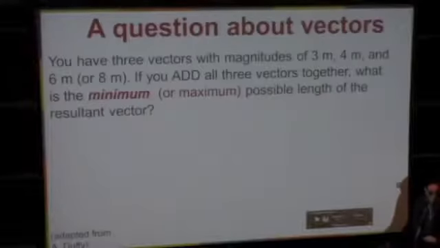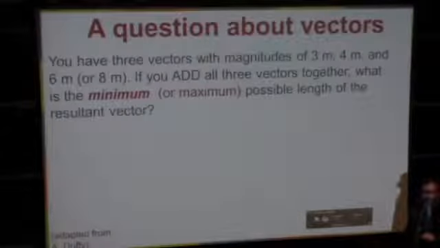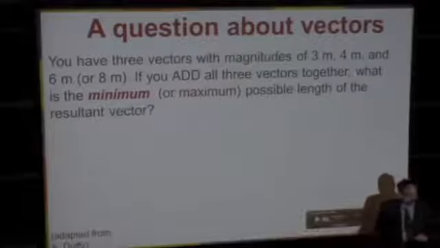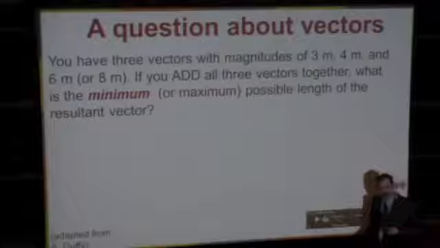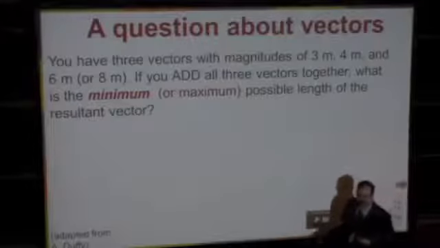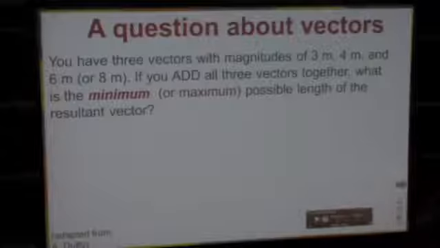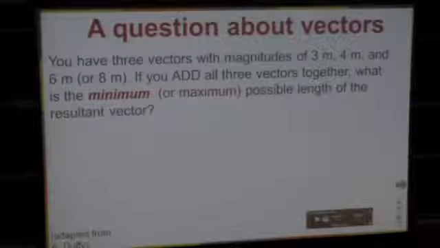That's it. How would you arrange those vectors in order to achieve the resultant with the maximum magnitude, or in order to achieve the resultant with the minimum magnitude? So four possible questions. Let's choose one, for example, 3, 4, 6. Case number 1.